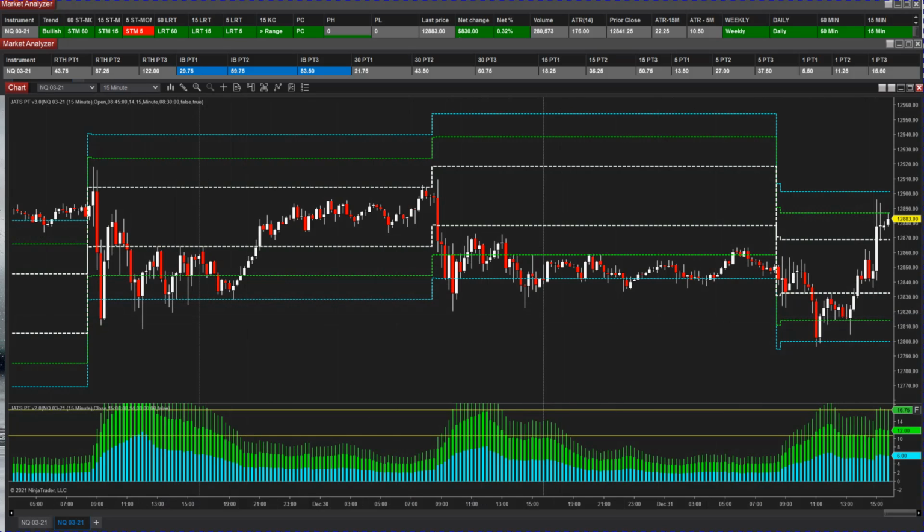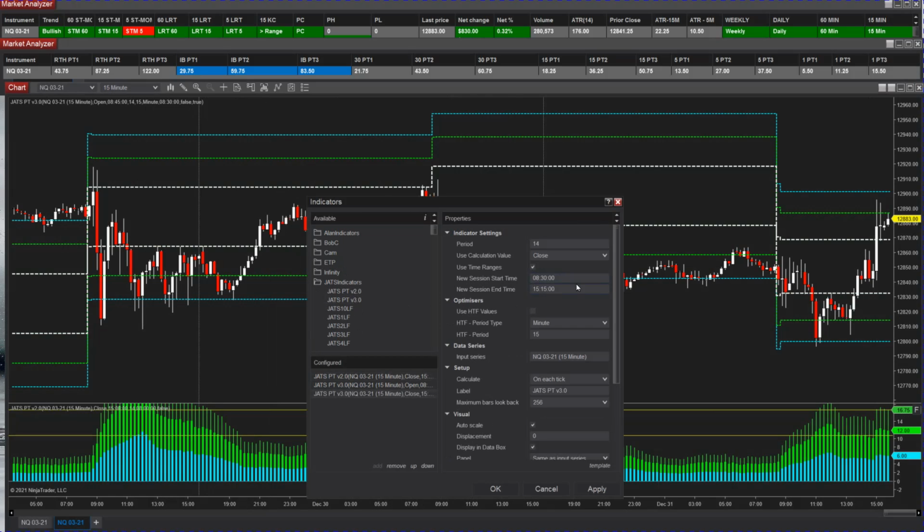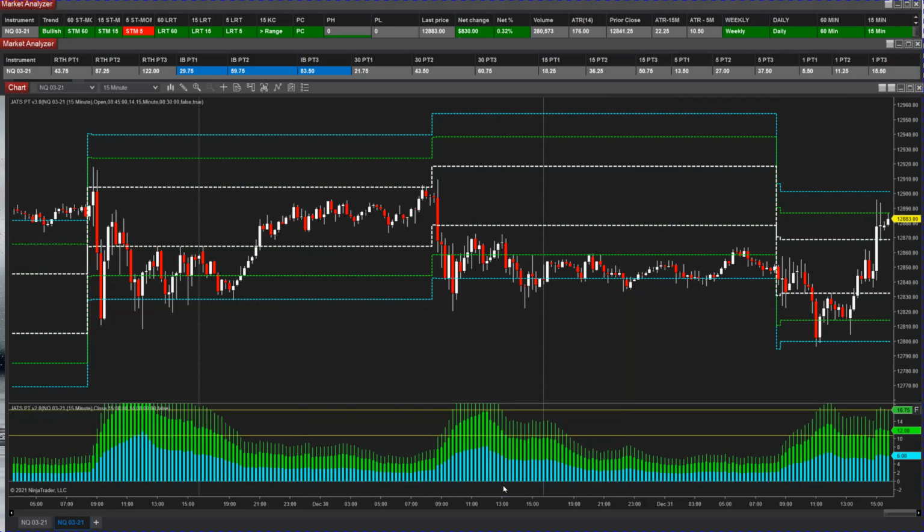Where we are. When are we going to get there? And then we can nest on top of here the higher time frame ranges. So I like to look at a daily range or an 8:30 to 15:15. There's your RTH range.